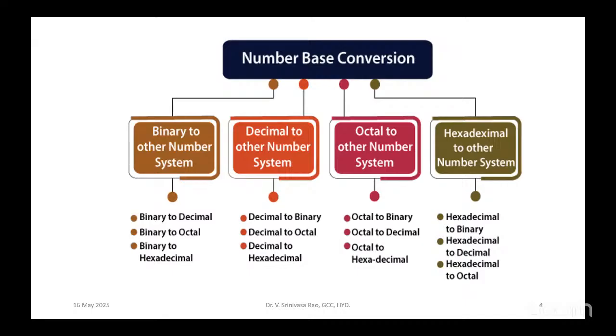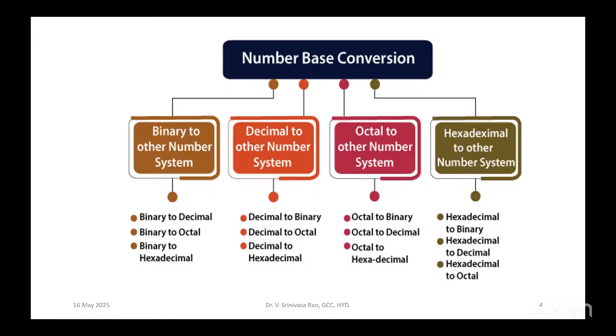What are the types there? How are we going to convert these numbers into different number systems? How many types are there? In this slide, we already represented four types: binary, decimal, octal, hexa. So each may be converted into the different systems.